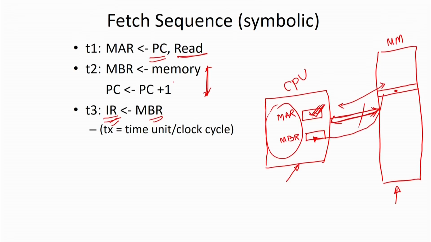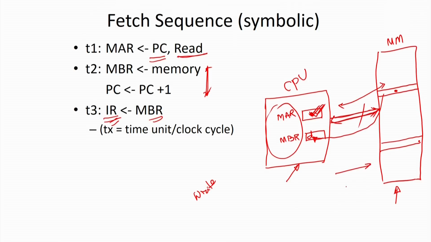Again, this is a read, we are reading from memory to the processor. Similarly, we can have the write operation also. In a write operation, what happens? We write the information from a register to the memory. In that case, first we give the address to MAR, that means we identify the memory location where we are going to write or store the information. Then we put our data into the MBR, the memory buffer register.